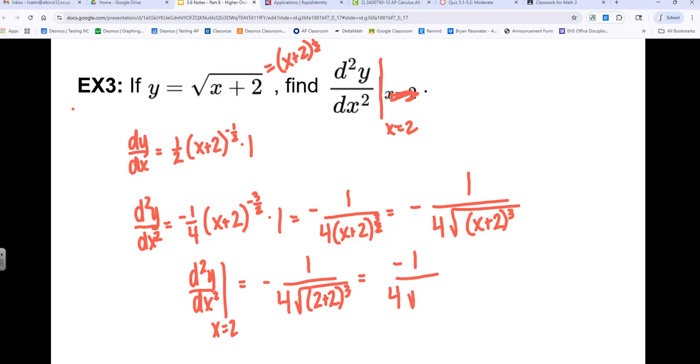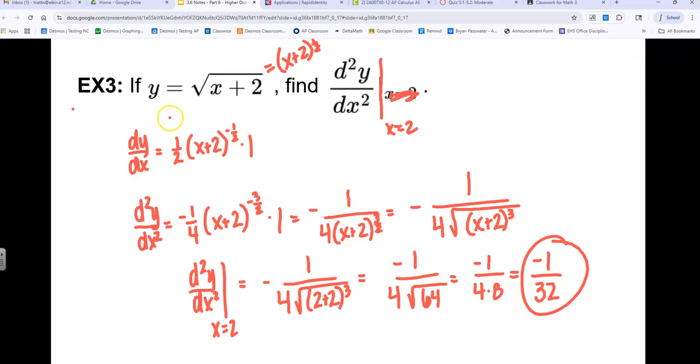So we've got the square root of 4 to the third. 4 times 4 times 4 is going to give you 64. So you get negative 1 over 4 times 8, so negative 1 over 32. So that one looks like those implicit differentiation problems, but you don't really have to do anything special for it because it doesn't have a y mixed in with your x's.